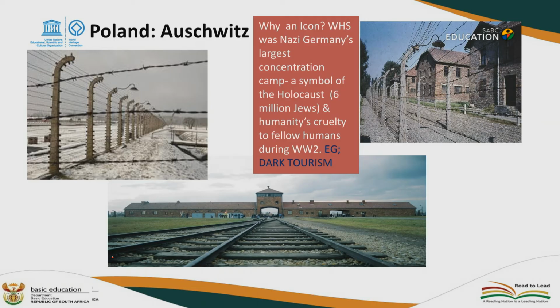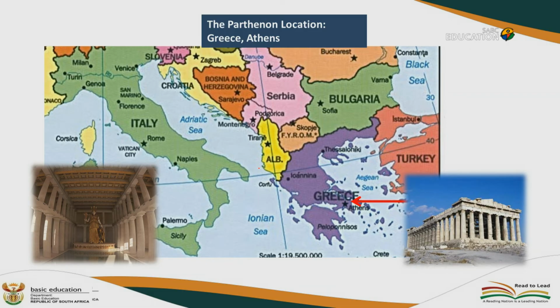Check also the Nazis. It's related to the human race. We've got this dark tourism. Go and check the history behind Auschwitz with the dark tourism. The killing and everything happened there.